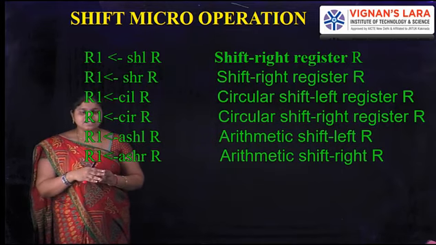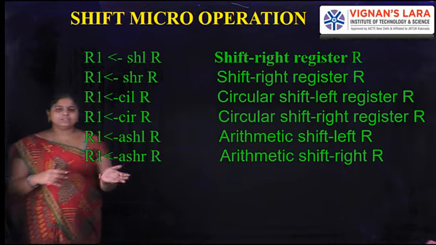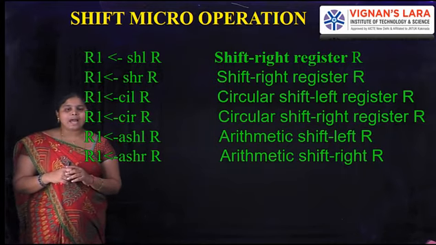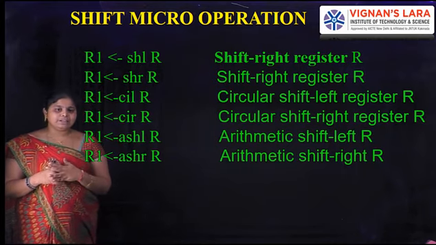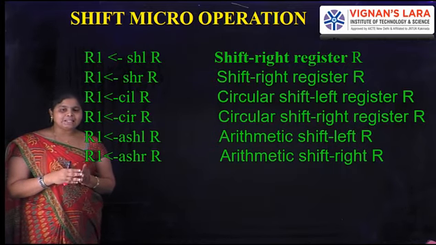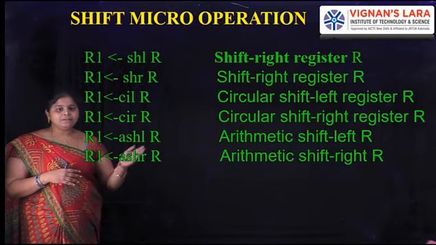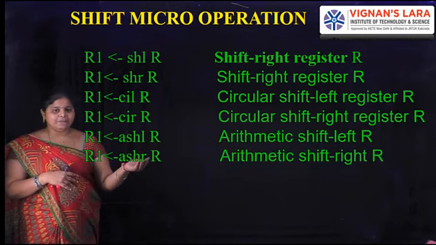R is one register and R1 is another register, so here we take 2 registers, R and R1. R1 performs shift left or shift right operations.